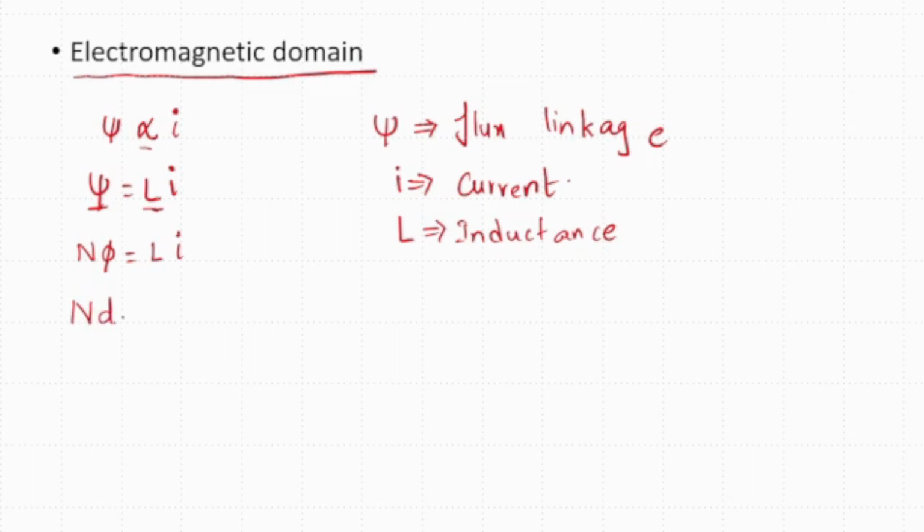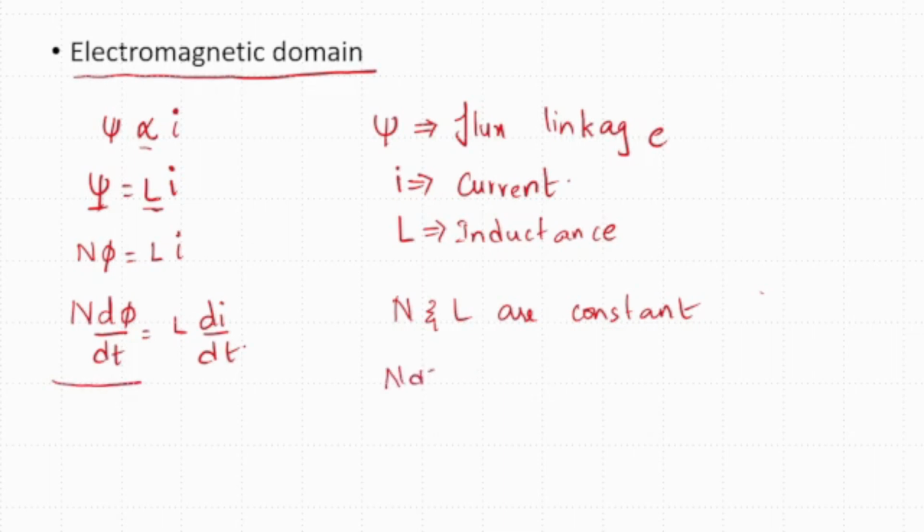N d phi by dt is equal to L di by dt. Because N and L are constants. Clear? So what is N d phi by dt according to Faraday's law? N d phi by dt is equal to potential that is V according to what? Faraday's law.